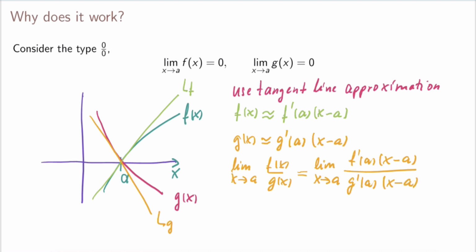And then we can cancel the common factor x minus a, and we keep the derivatives. So we keep f prime at a divided by g prime at a. So the ratio of the functions is the same as the ratio of the derivatives in the case where f at a is 0 and g of a is 0.